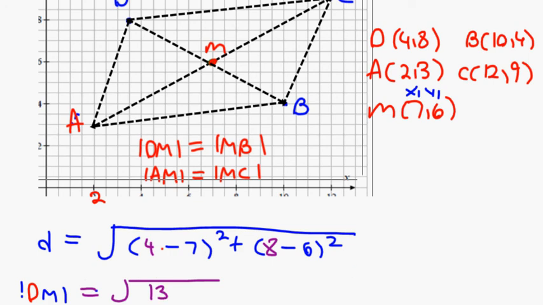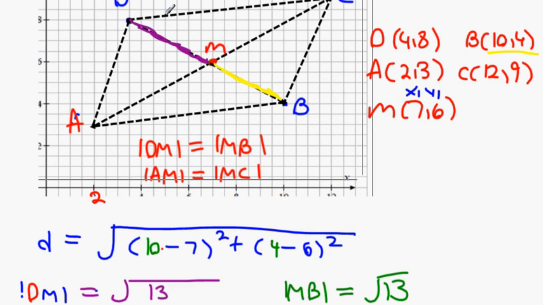Once we're done with DM, which is this purple patch here, we're going to look for this yellow line here, which should be the same length, which is MB. So same formula again, except this time we're putting in B, which is 10 and 4. And lo and behold, MB will also turn out to be root 13. So hence it does bisect them because they're the same length.